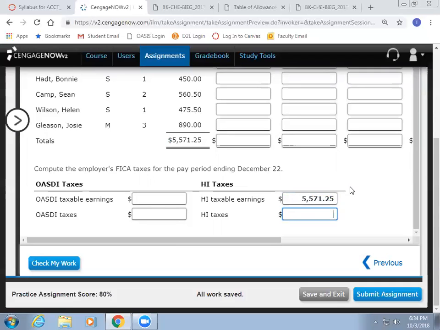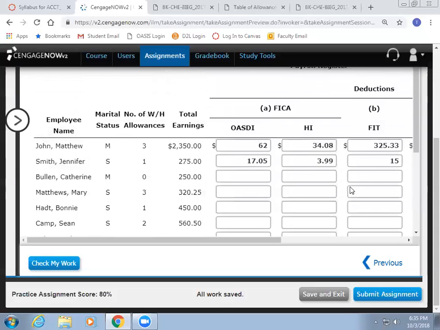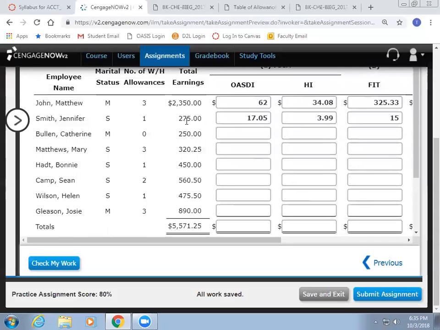When you do OASDI taxable earnings, remember only $1,000 of John's gross pay was subject to OASDI. So take that into consideration when you're looking at total taxable earnings for OASDI. So in other words, you're going to add up 275 plus 250 plus 320, all of those, but only $1,000 for Matthew John, okay?